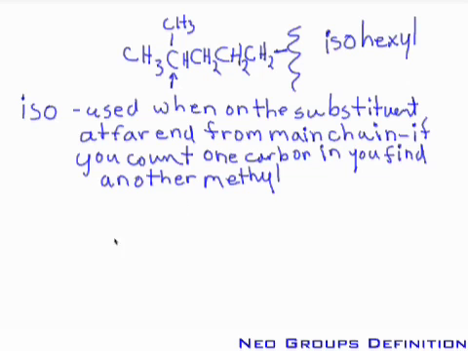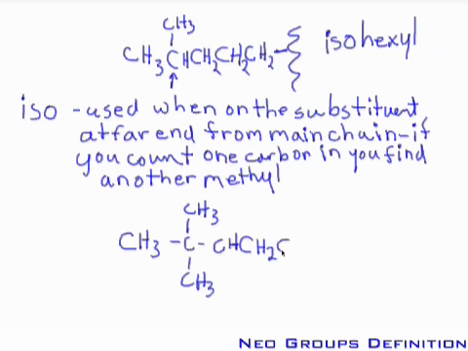In fact, I'm not going to rub this off because the neo designation is basically the same definition. What do you mean? Well, suppose I had this guy. Let's go one more than we did last time.